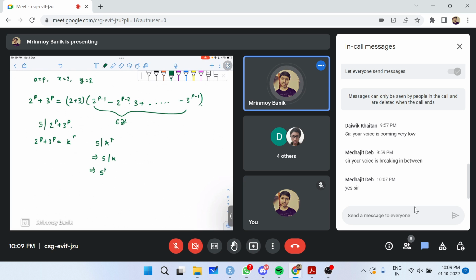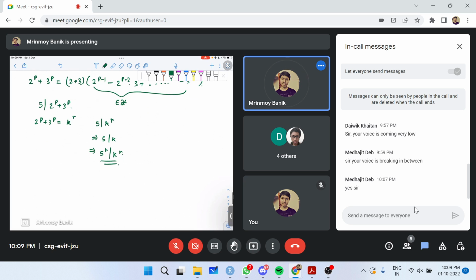And that implies 5^r divides k^r. So now this has to happen. 2^p + 3^p is to be a perfect power. So now let's see if this happens. Now move on to the next fact.